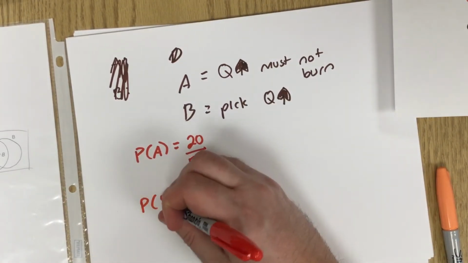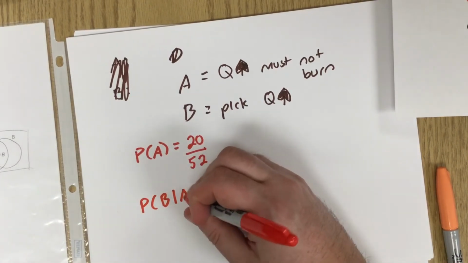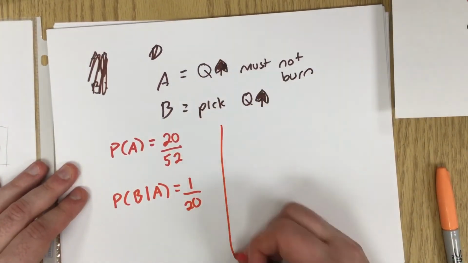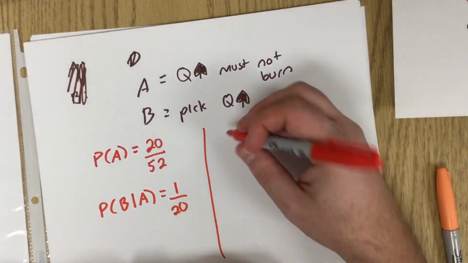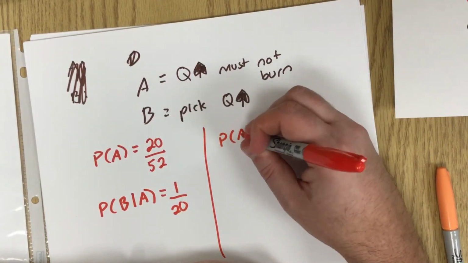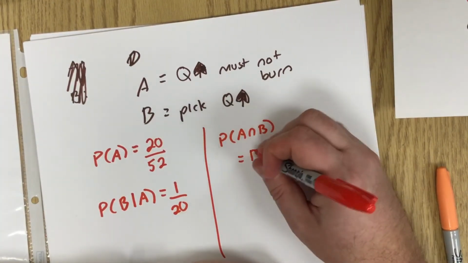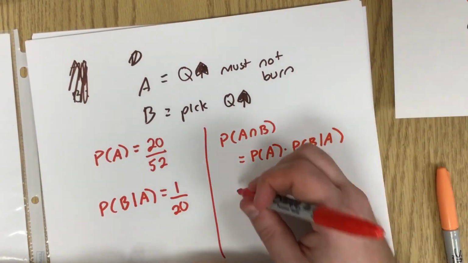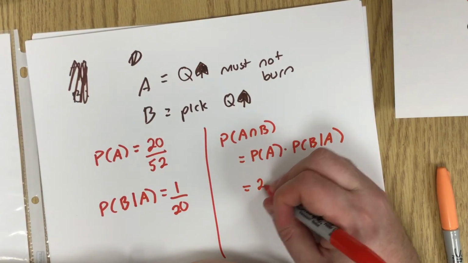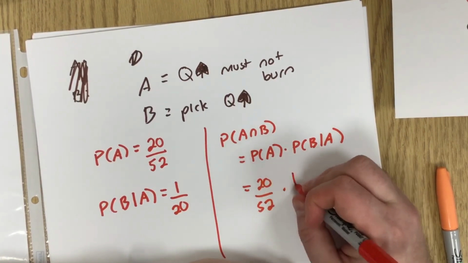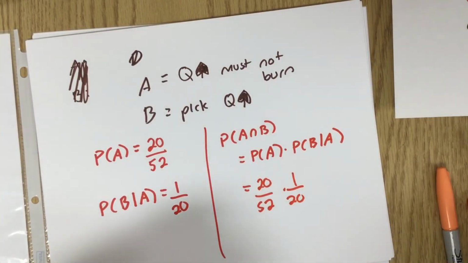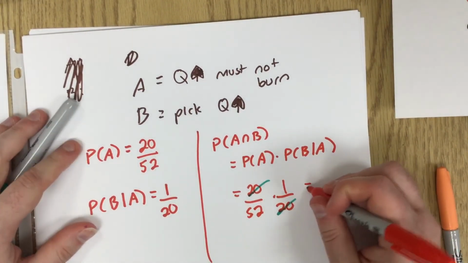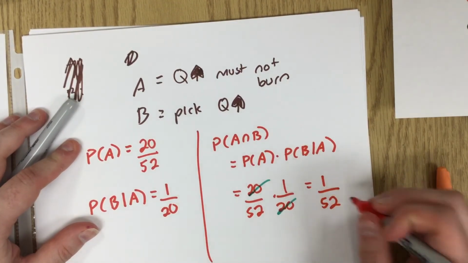And the probability of picking the queen, given that I did not burn it, is going to be 1 out of 20, which means the probability of both of them happening is going to be the probability of A times the probability of B given A, which is 20 out of 52 times 1 over 20, which is 1 out of 52. Which kind of makes sense.